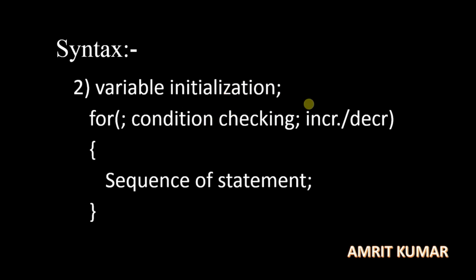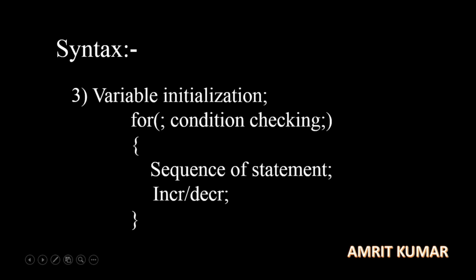Then you need to check the condition here. The condition statement should be here, then a semicolon, then you can use the increment or decrement operator here. The working is the same as I have taught: if the condition is true, then the sequence of statements is going to be executed, and if the condition is false, then this statement is not going to be executed.